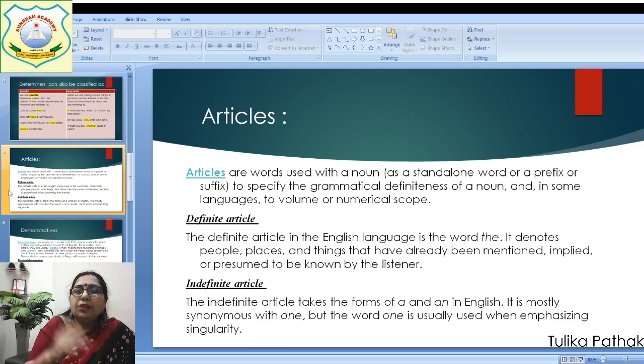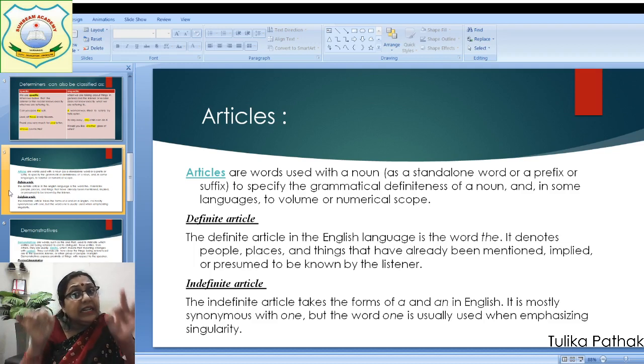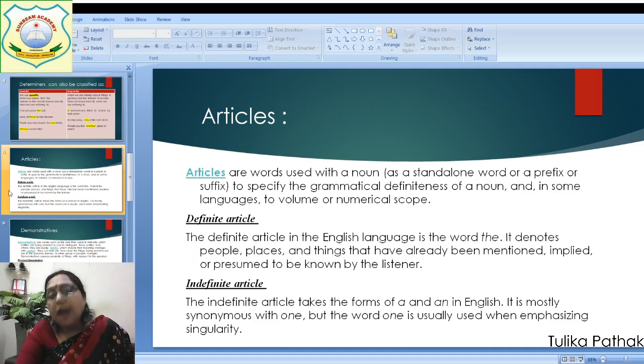Now these words at times stand alone, or are used as a prefix or a suffix. They are used to specify the grammatical definiteness of a noun, and in some languages to volume or numerical scopes.